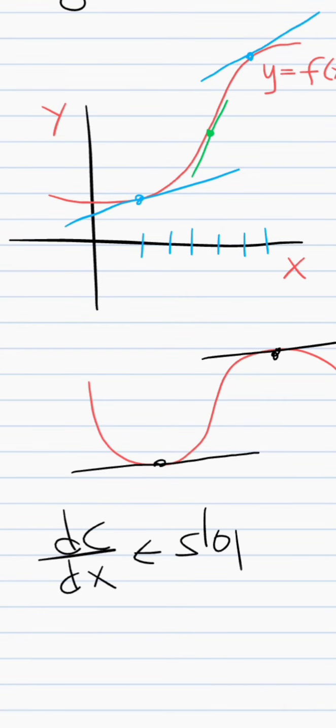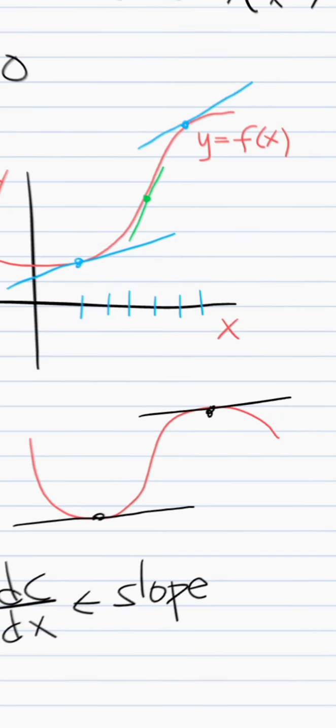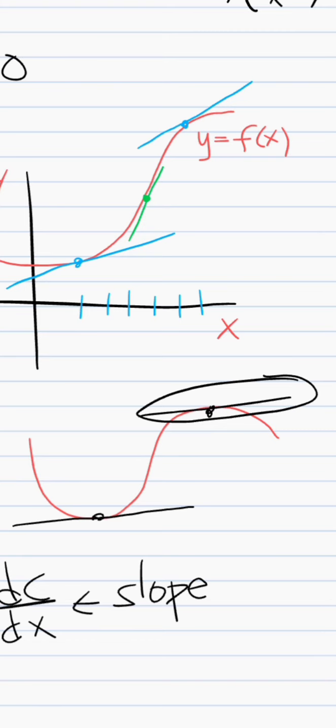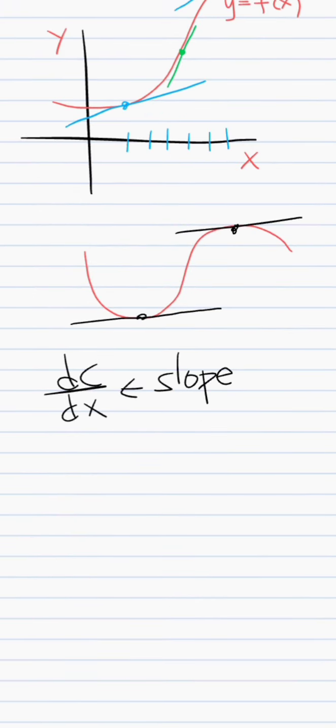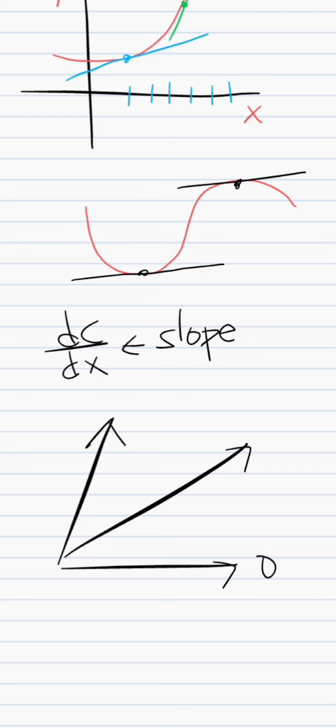That is why we are equating it to 0, because when dC/dx becomes 0, the tangent line becomes horizontal, and thus it has no slope. So this one has 0 slope, this one has slope, this one has a steeper slope. But when the tangent becomes horizontal, the slope is 0.